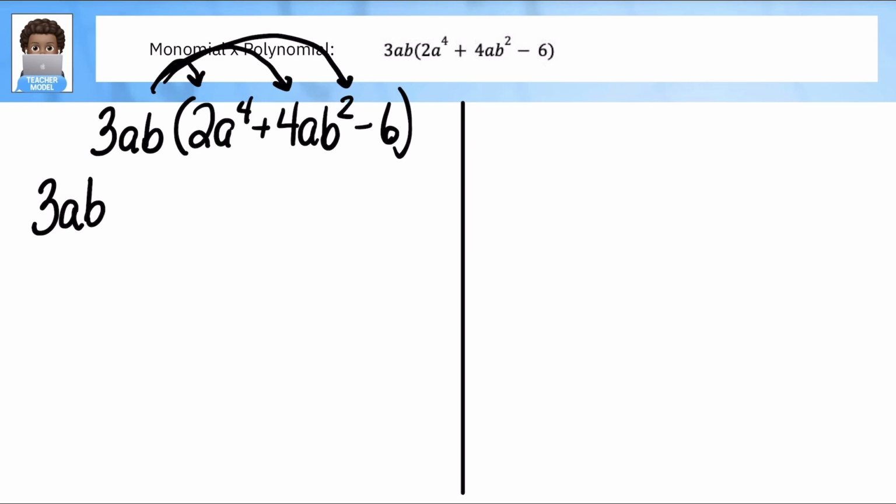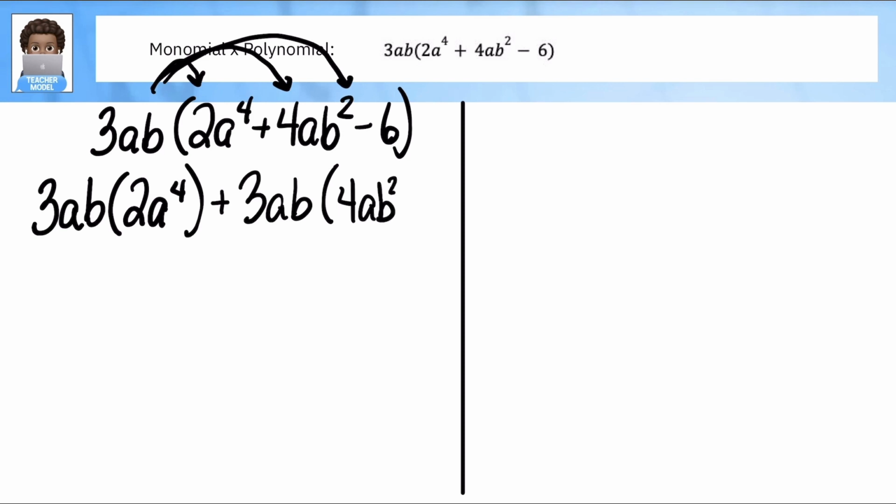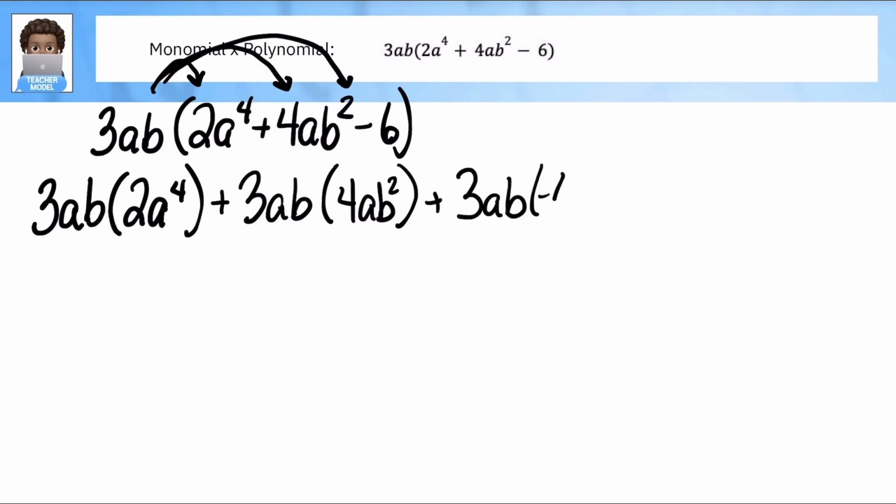So 3ab times 2a to the 4th. So it's kind of like a monomial times a monomial, plus 3ab times 4ab to the 2nd, plus, wow, I need a lot of space for this one, 3ab times -6.